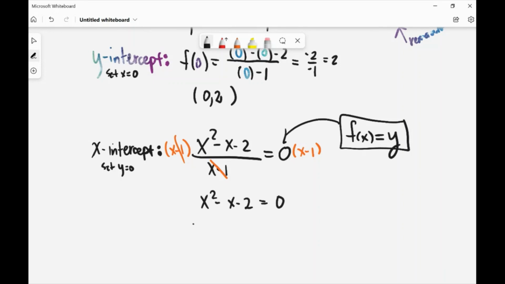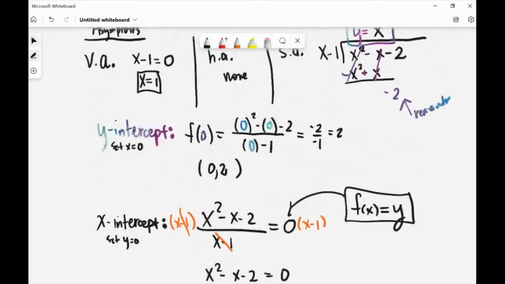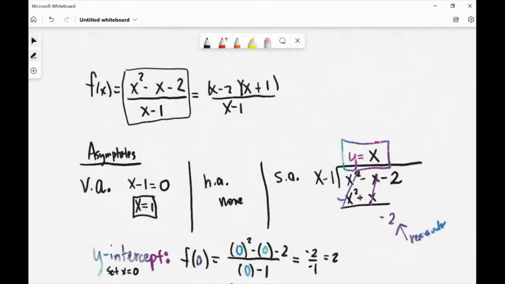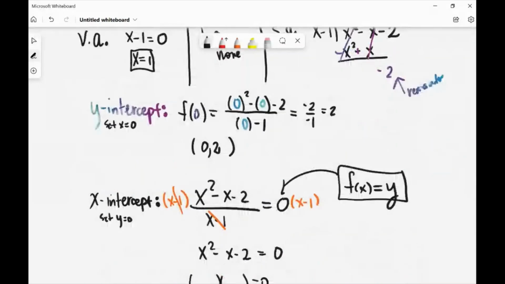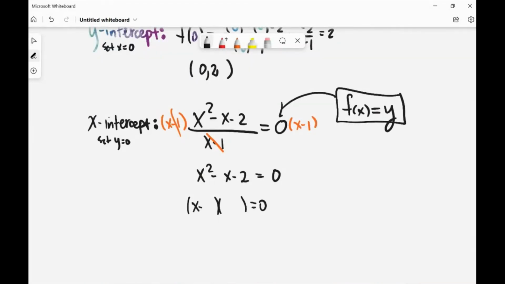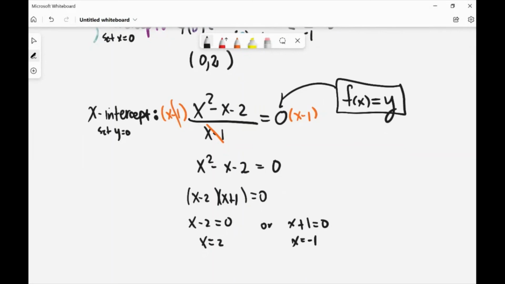And then we already kind of factored it, didn't we? So we kind of did the work. We said it was x minus 2 times x plus 1. So x minus 2 equals 0 or x plus 1 equals 0. What are our x-intercepts?